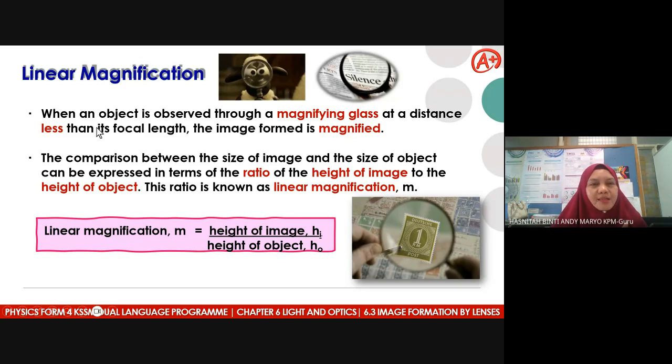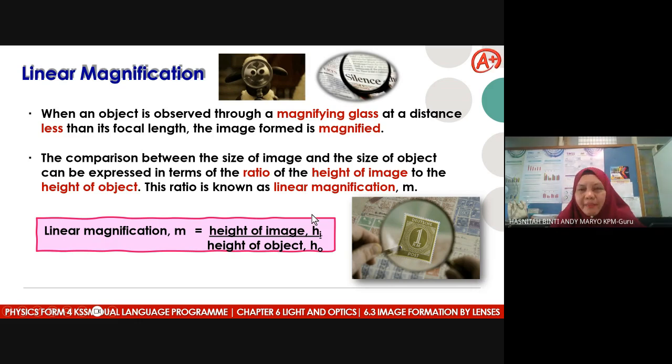As you can see written here, when an object is observed through a magnifying glass at a distance less than the focal length, the image formed is magnified. So the comparison between the size of the image and the size of the object can be expressed in terms of a ratio of the height of the image to the height of the object. So we call this ratio linear magnification.